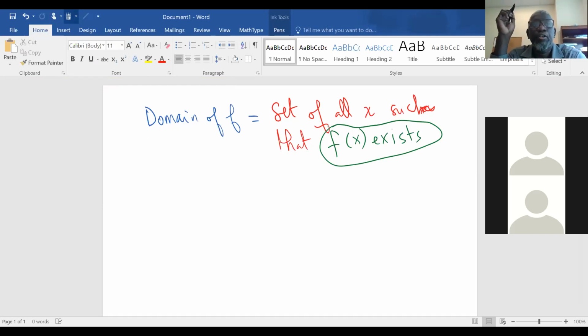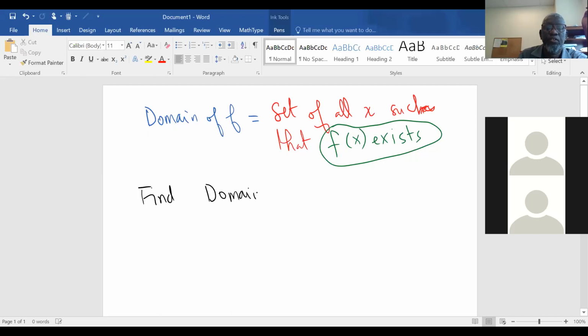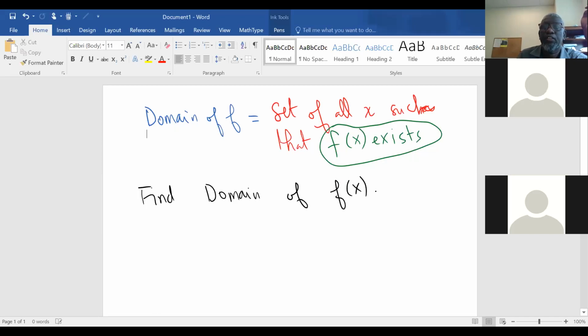You see? So for instance, example, we say find the domain of f of x equal 5 over x minus 3, right?